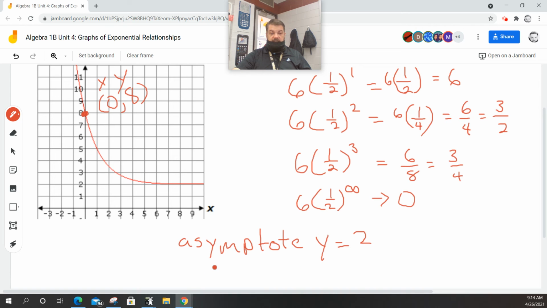It's never going to cross that. And then my y-intercept is just (0, 8). And that's it. That's the answer.